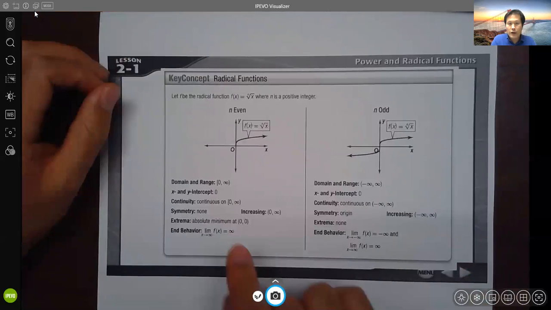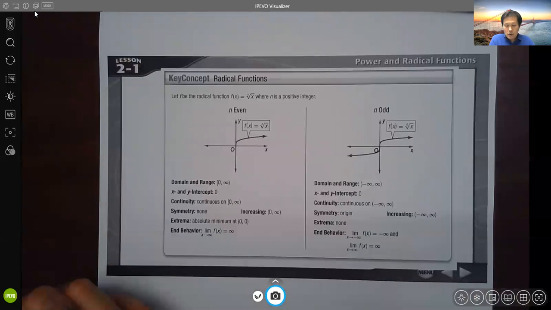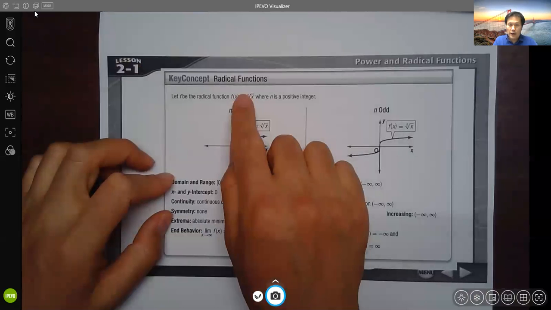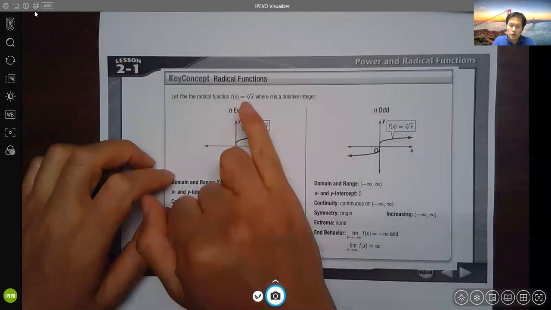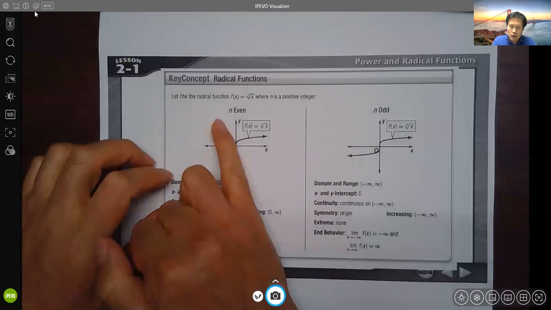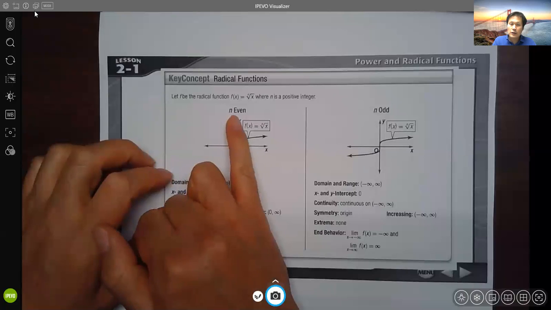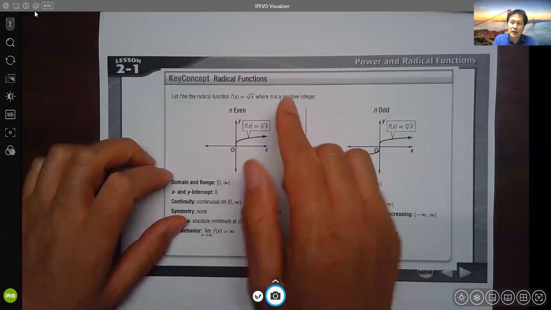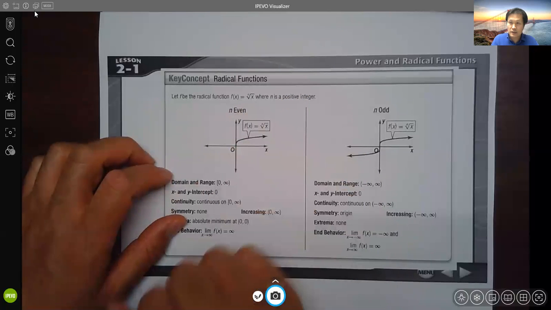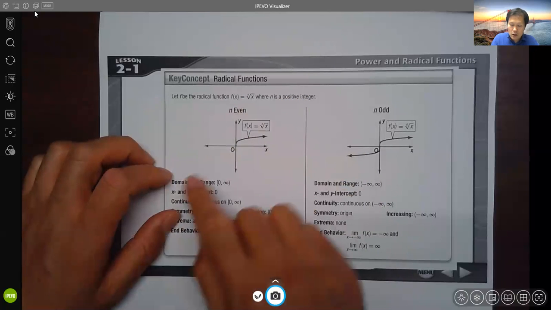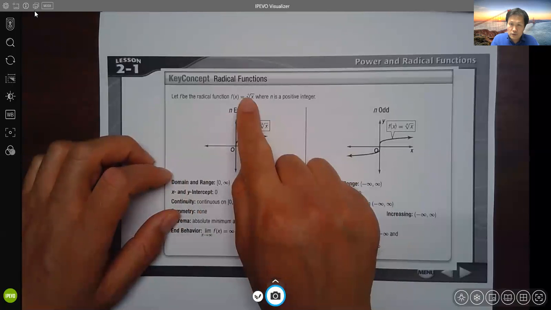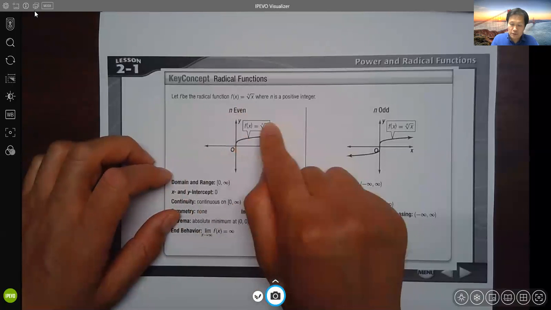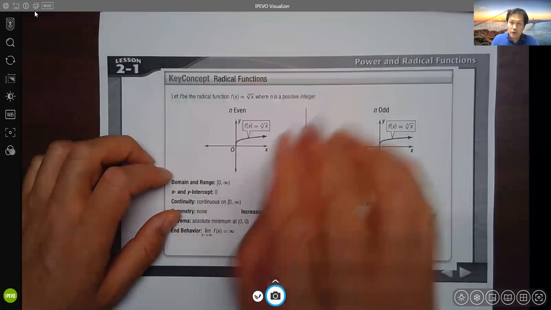Okay, radical functions. If you have an nth root of x, depending on n, if n is even, you will have something going on only on the right-hand side of the y-axis. So if n is even, you will have a graph on the right-hand side only.